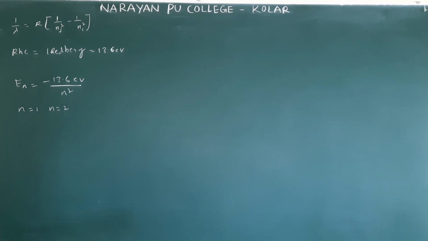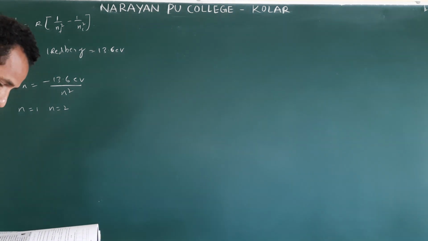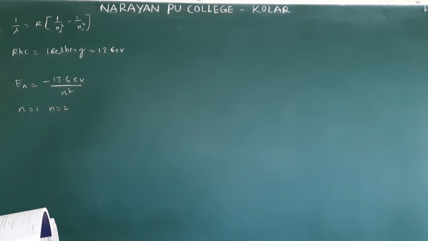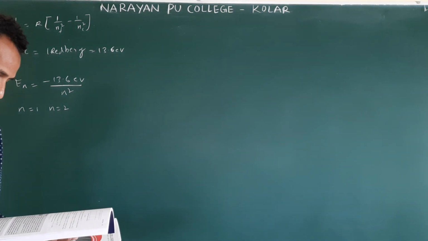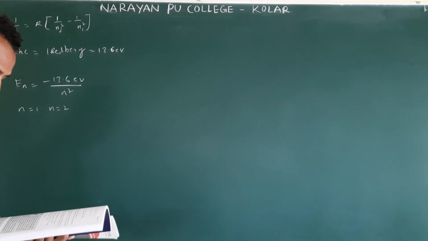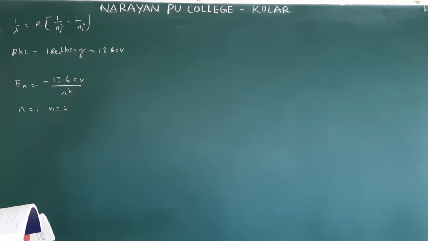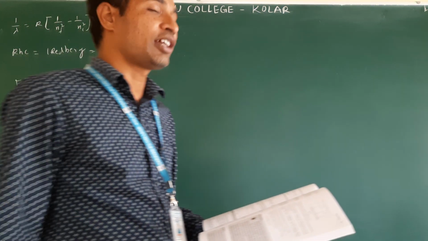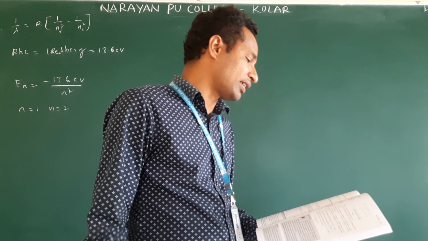The ionization energy of hydrogen is what? 13.6 eV. Excitation energy depends on the question, right? Suppose you provide 10.2 eV, the electron is excited from 1 to 2. If you provide 12.1 eV, then it is excited from 2 to 3, like that. Ionization energy for the innermost orbit electron is 13.6 eV, right?